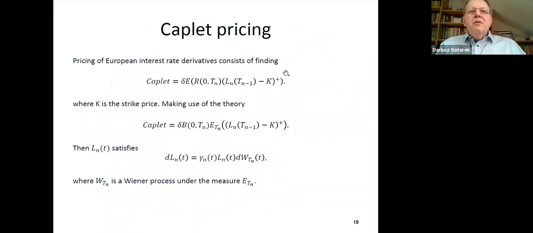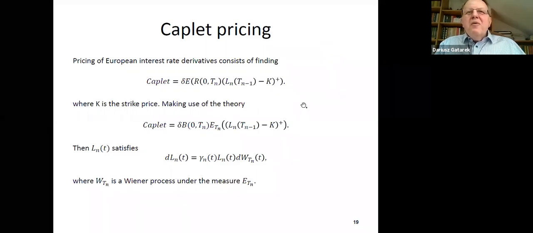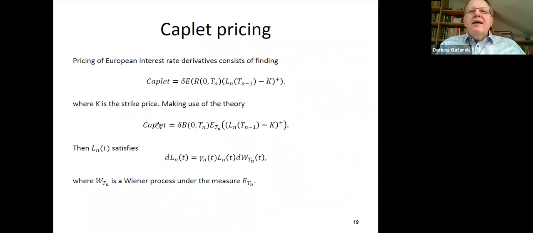So, pricing of European interest rate derivatives consists of finding the following expected value. So this is Libor rate set in advance, but settled in arrears. What does it mean? The Libor rate is already known at time Tn-1, but settled at time Tn.